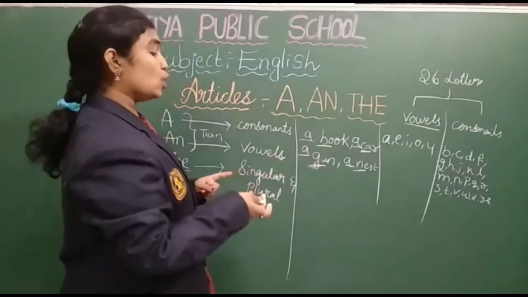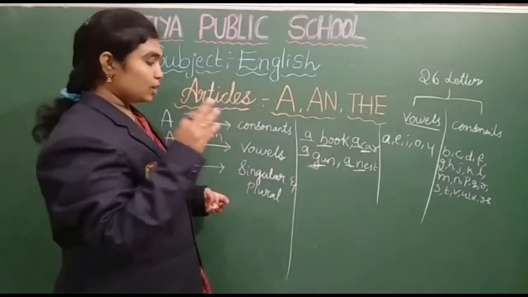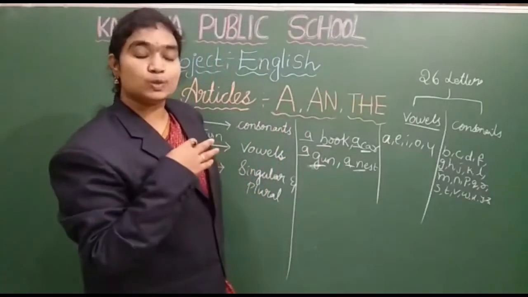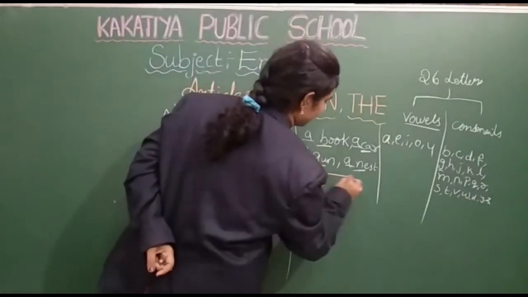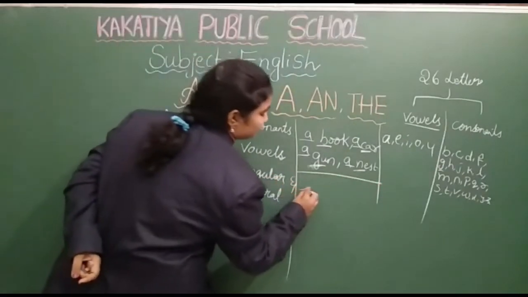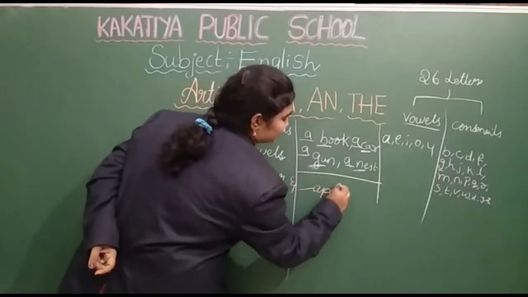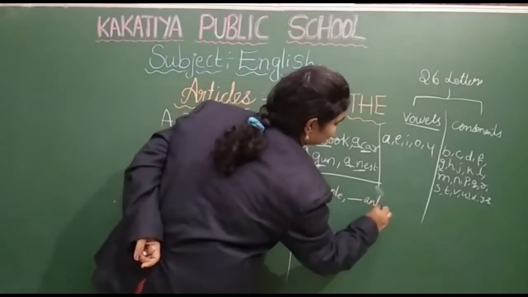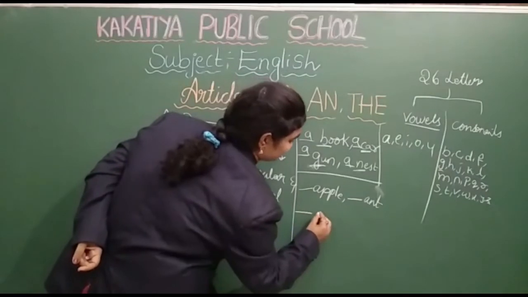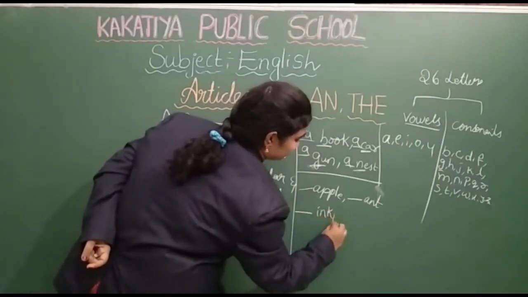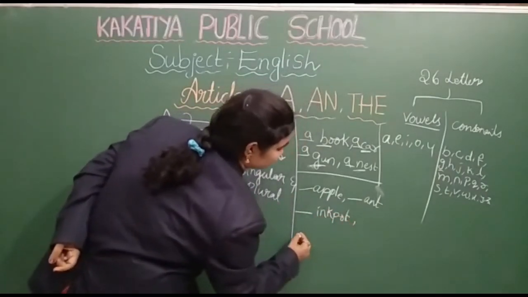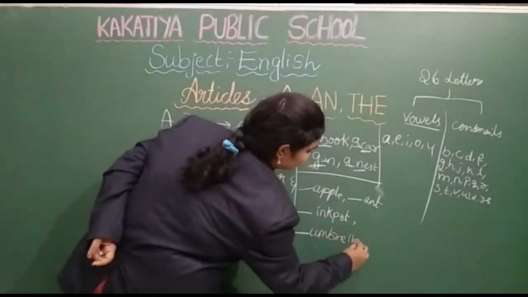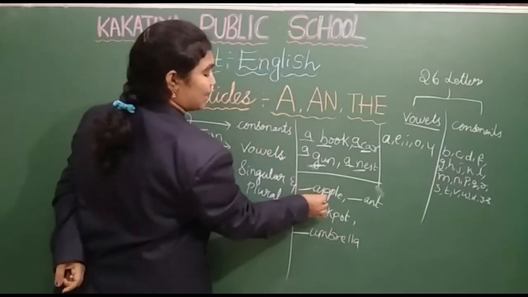Wherever the word begins with a vowel sound, there we will be using An. Now let us look at a few more examples. An apple.